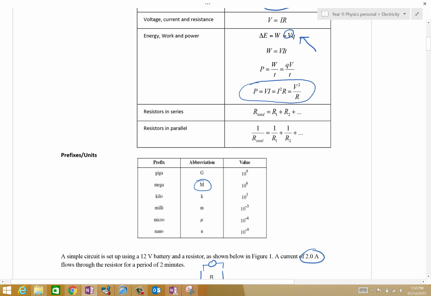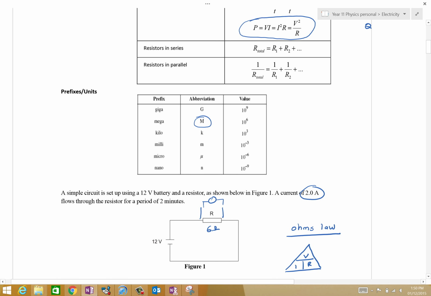Wasn't there one relating Q, E and V? So voltage is equal to energy on Q, yep.